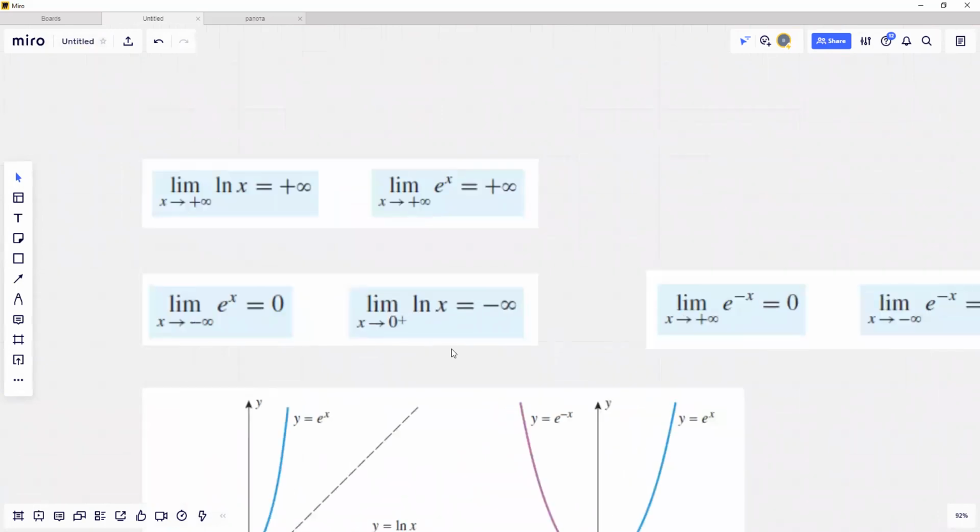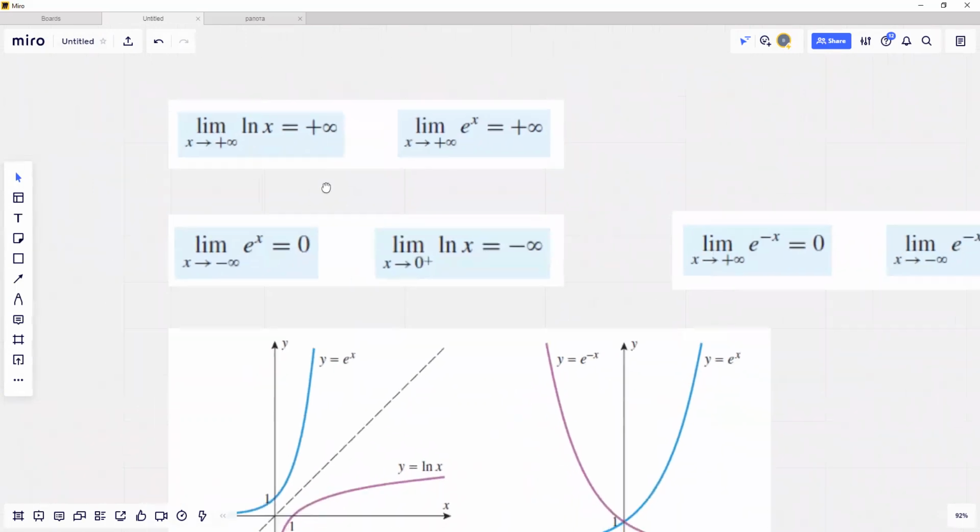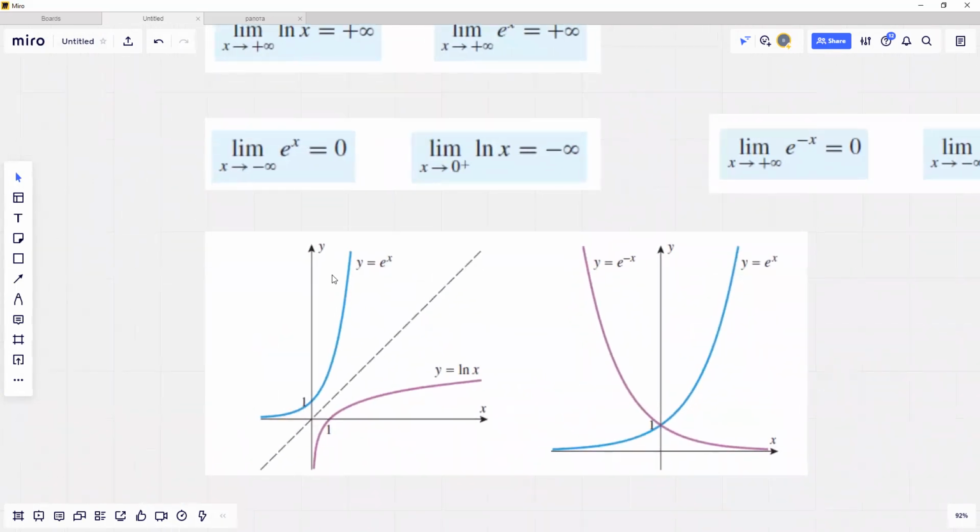All right, now let's take a look at limits of exponential functions. So here we have a plot of y equals e to the power of x. We know that ln of x is an inverse of that function.